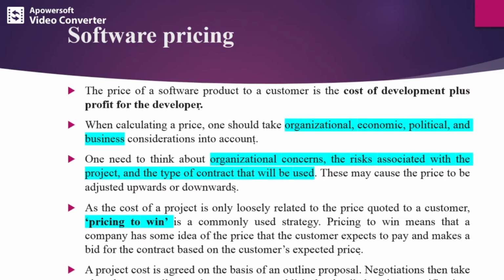How have you tackled those risks? What was the estimated cost there? All those things you need to think about and analyze, and also the type of contract. These may cause the price to be adjusted upwards or downwards, so you can set the price somewhere which is convincing to your customer.